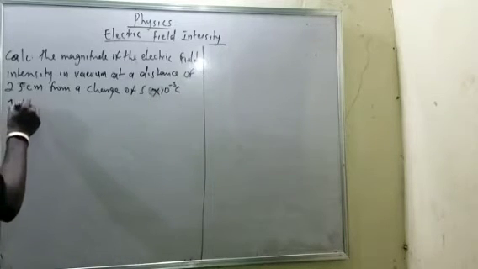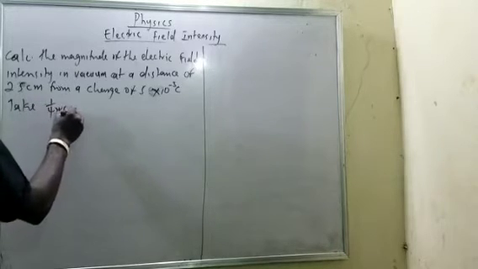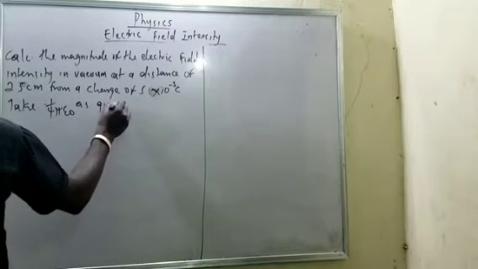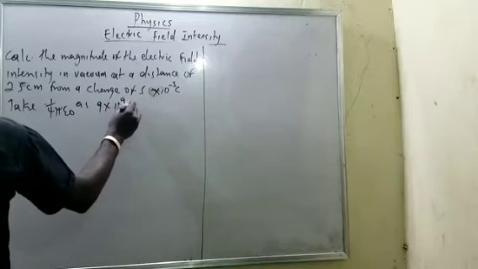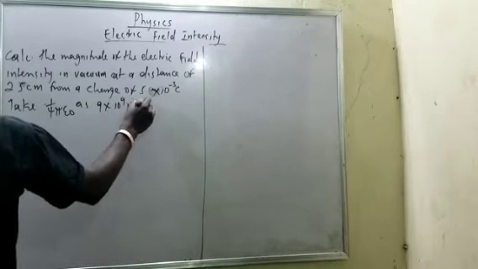Take 4 pi epsilon naught as 4 multiplied by 10 raised to power 9 Newton meter squared per coulomb squared.